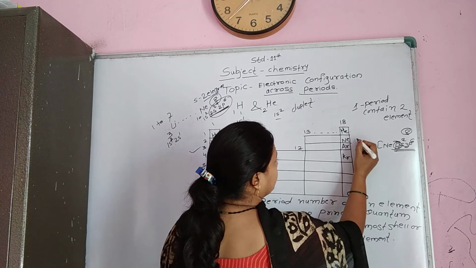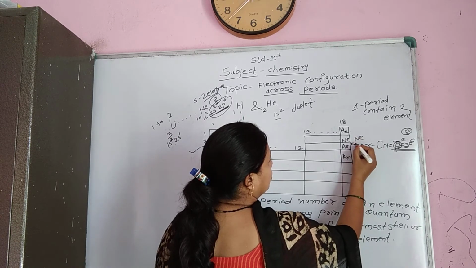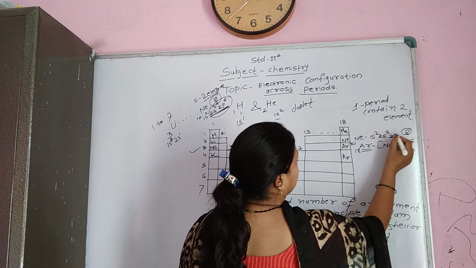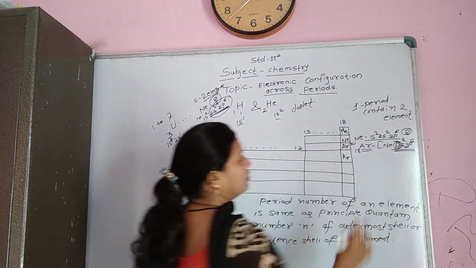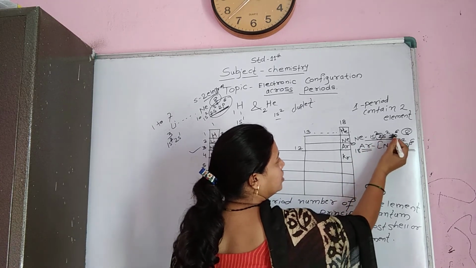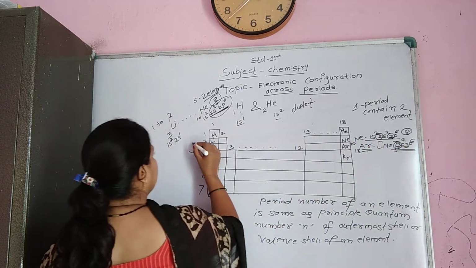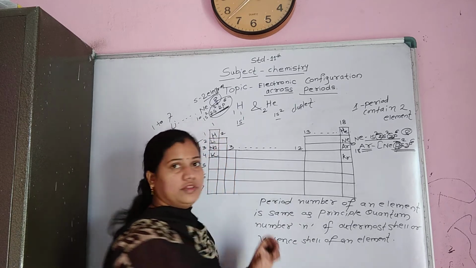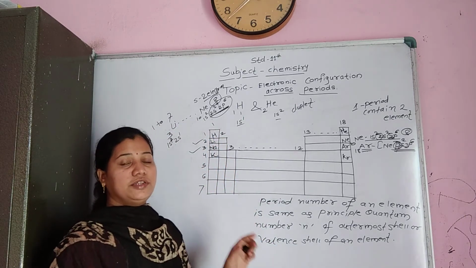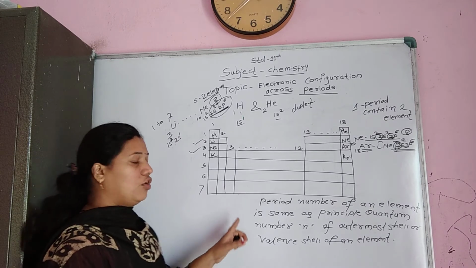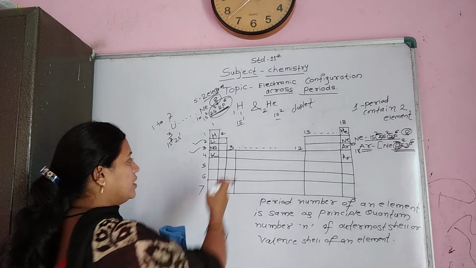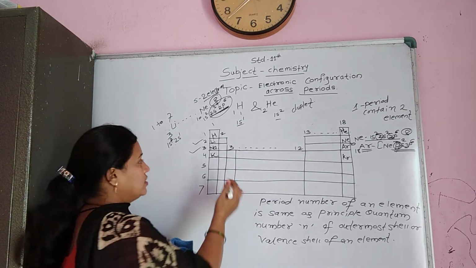Neon has electronic configuration 1s2, 2s2, 2p6, and the principal quantum number of its valence shell is 2, so neon is present in the second period. So from this we observe that the period number is the same as the principal quantum number n of the outermost shell or valence shell of an element. A similar pattern is followed in the further periods.